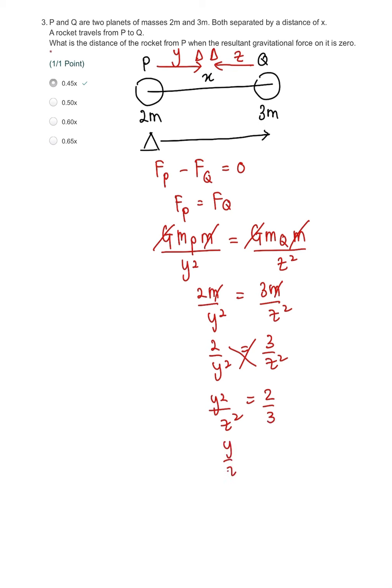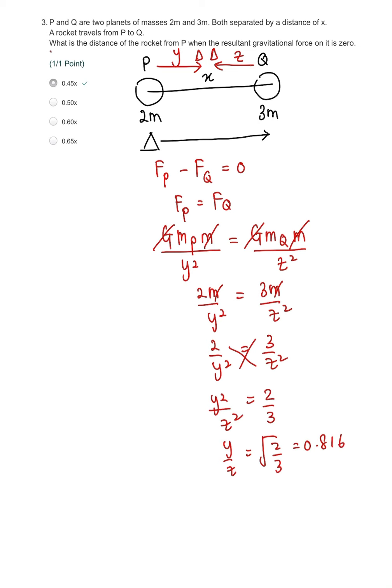So y over z is equal to the square root of 2 over 3. Square root of 2 over 3, we got 0.816.